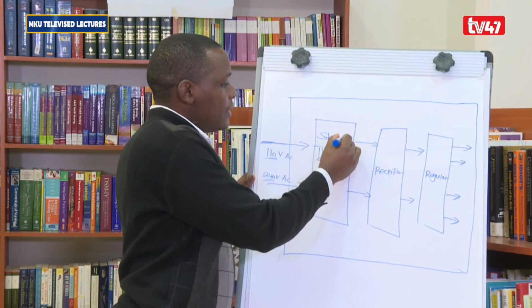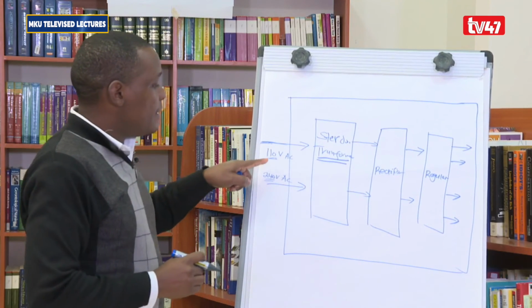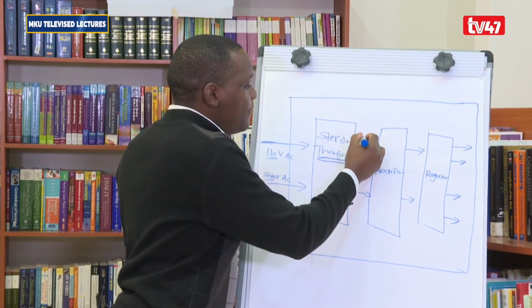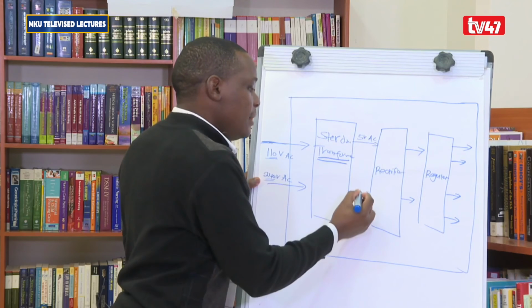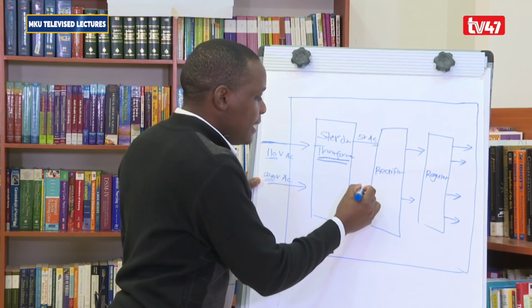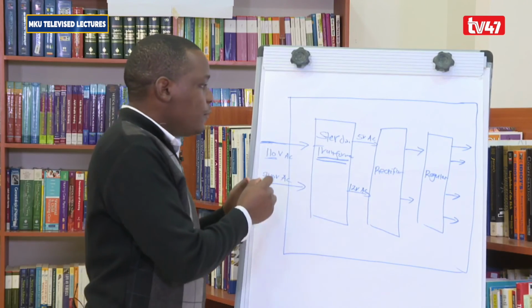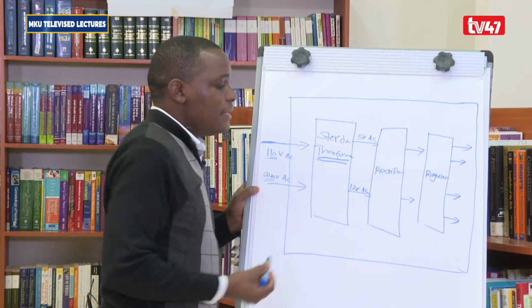This is a step-down transformer that is going to step this voltage from 240 volts to 5 volts AC and 12 volts AC. All of them, again, alternating current, from 240 to 5 and 12 volts AC.